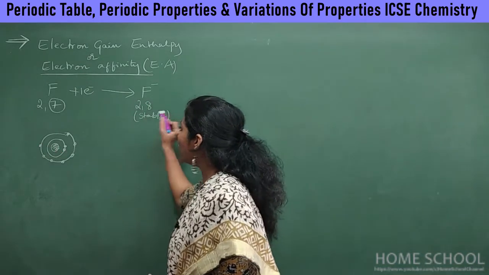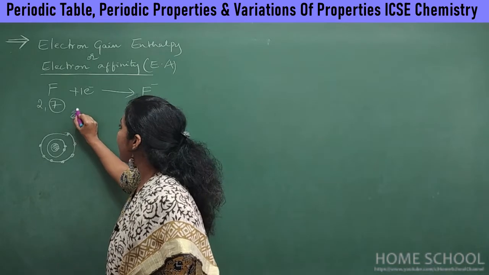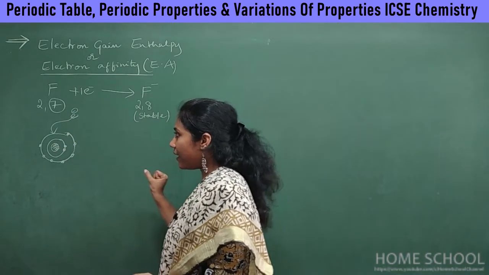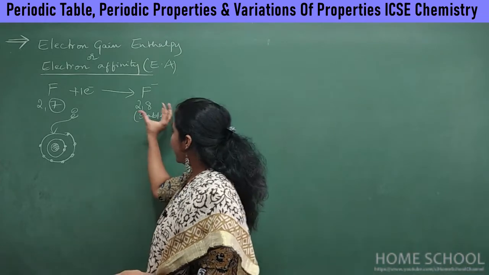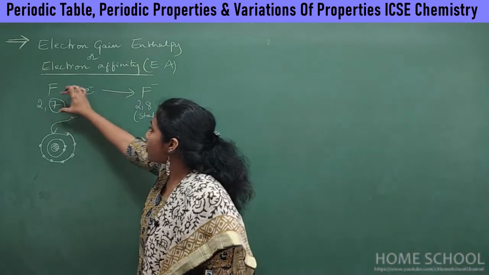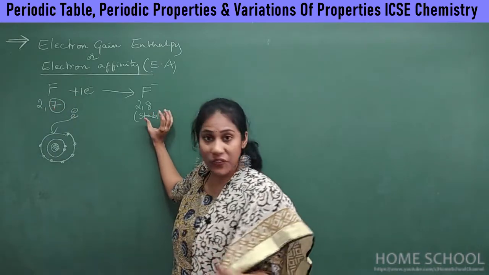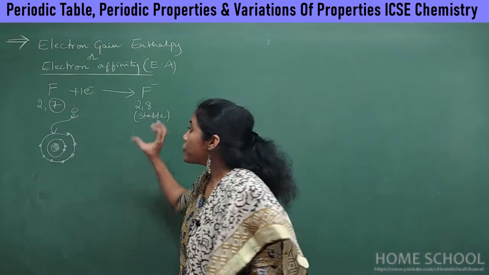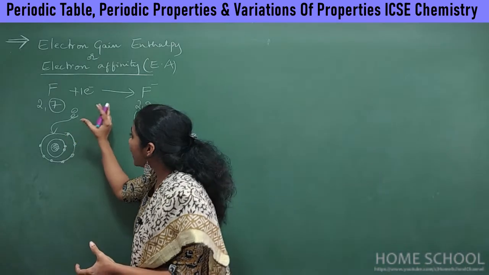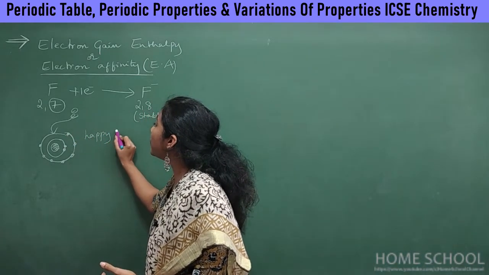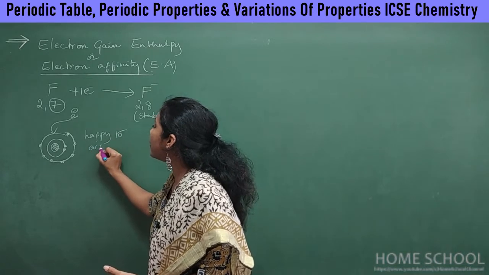Now that 8th electron is coming and it has to settle here. This electron is very much essential for fluorine because on getting 1 electron, it achieves stability. So the atom is very much happy to accept an electron.